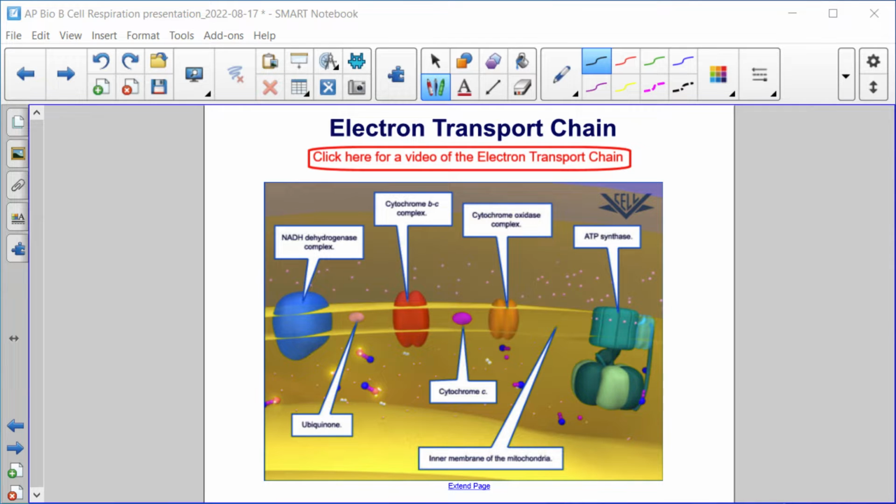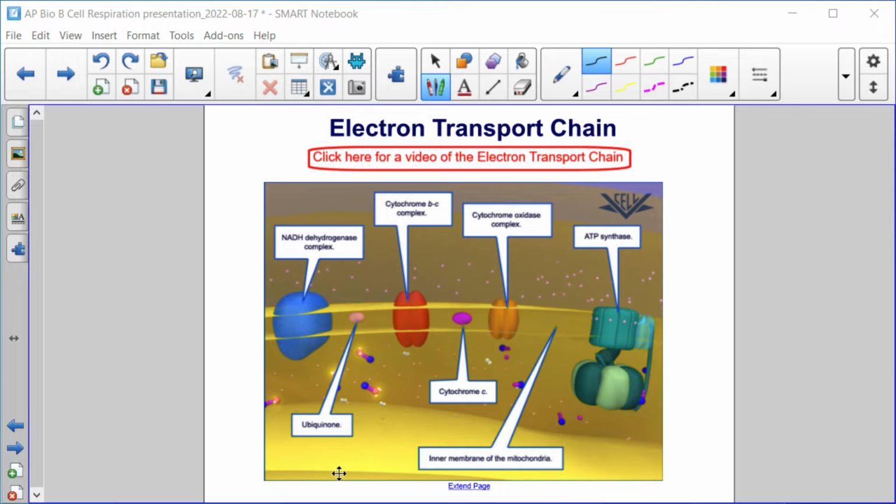So the electron transport chain is a series of protein complexes embedded in the mitochondrial membrane, which you can see in the image, all of these protein complexes. Electrons captured from donor molecules are transferred through these complexes. So we talked before about those electrons coming from previous steps in cell respiration here.